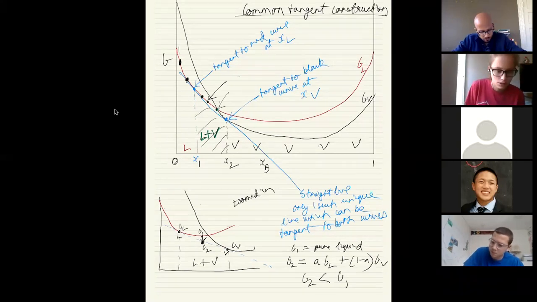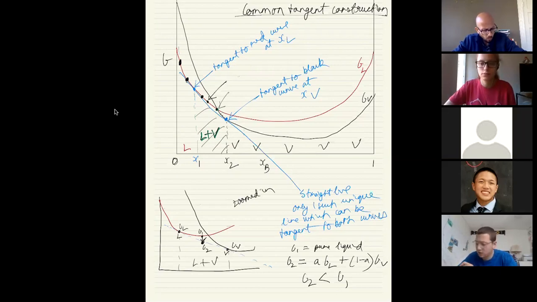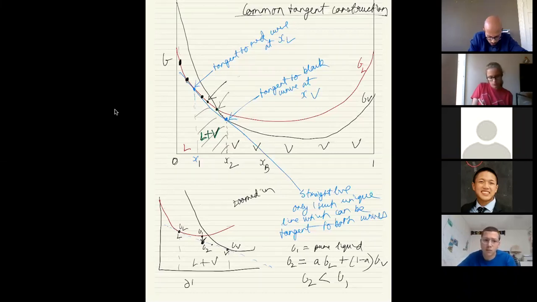Now, I would like one of you to help me understand why I drew the tangent. What is special about the tangent? Why did I equate the slopes? What is special about this line? It says that partial G_L by partial X_B is equal to partial G_V by partial X_B.